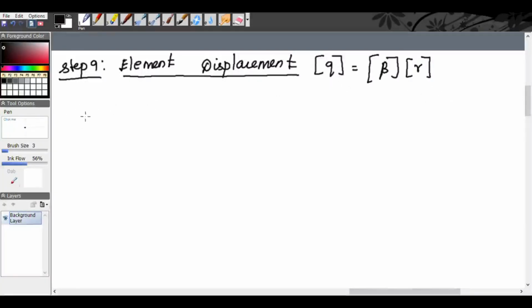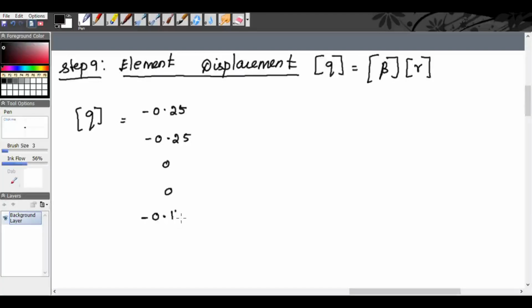So you will get your element displacement small q as the value for beta is minus 0.25, that is 1 by 4, right? Minus 1 by 4. So it is minus 0.25, minus 0.25, 0, 0, that 1 by 6 we will take as 0.166.